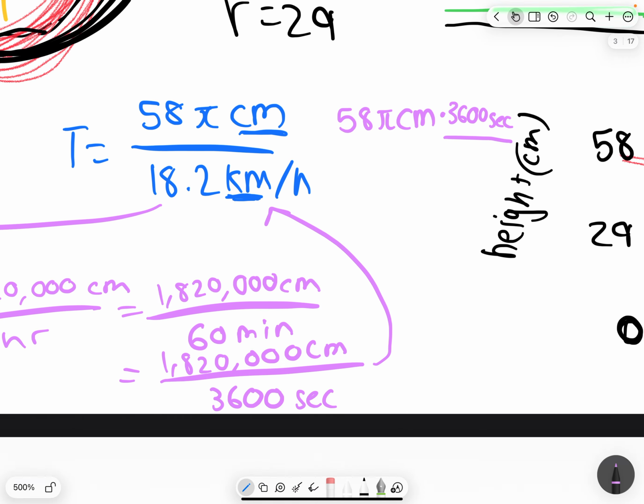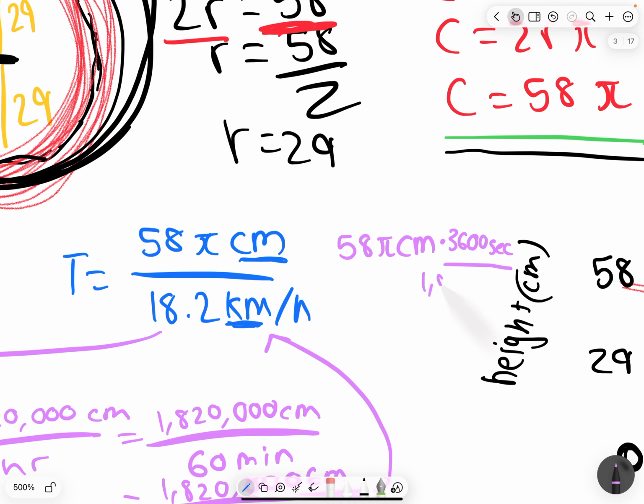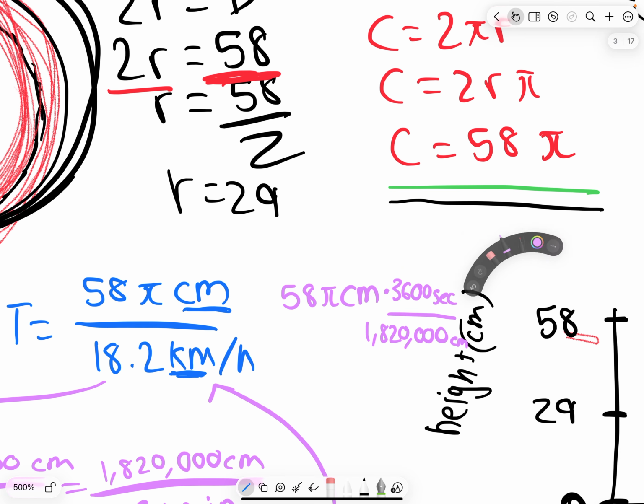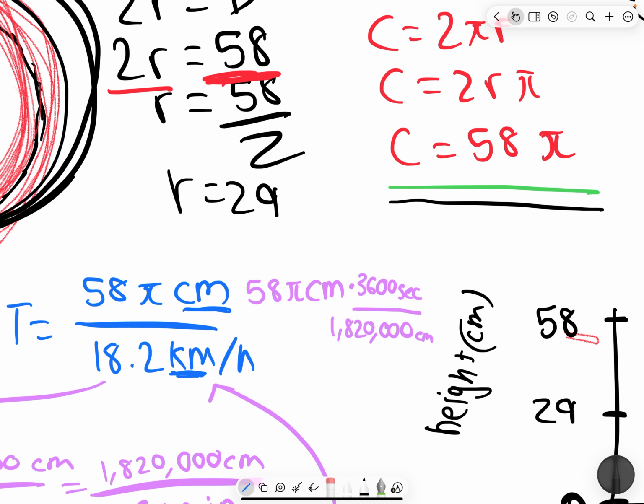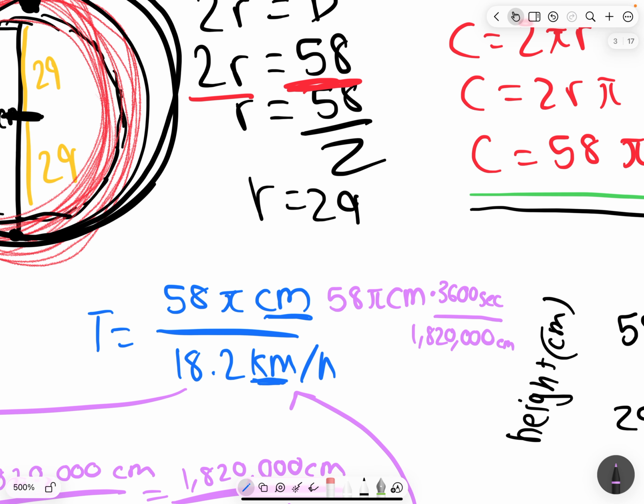divided by 1,820,000 centimeters, right? Sorry, my numbers are overlapping. I'll bring this here. Now that I have this down, I could solve for seconds here. I could cancel centimeters.